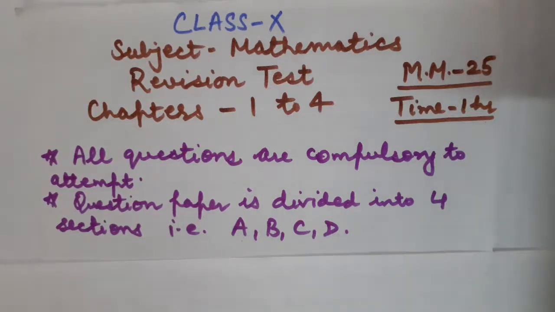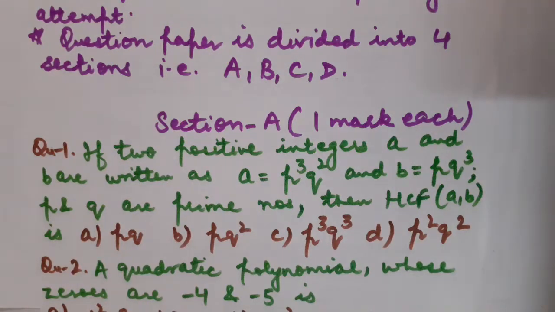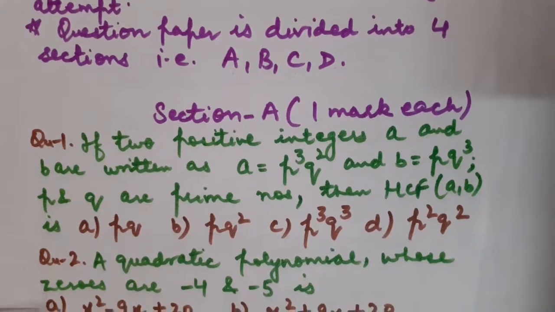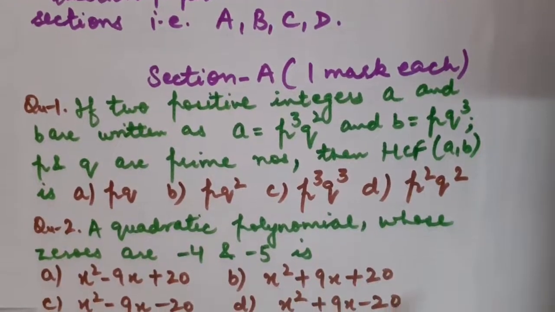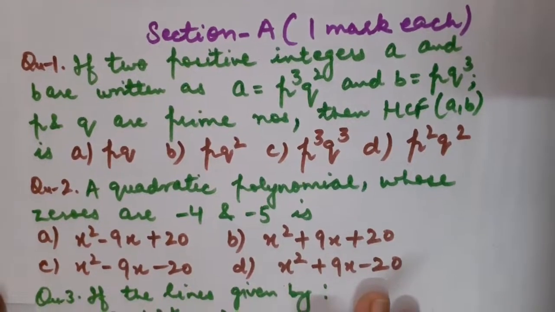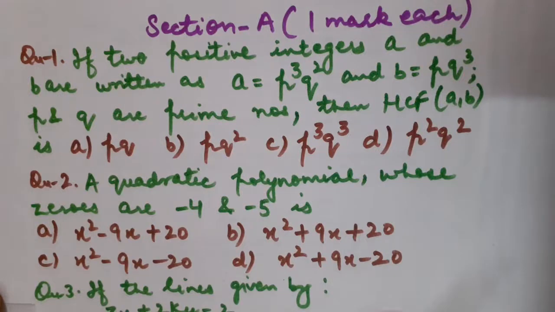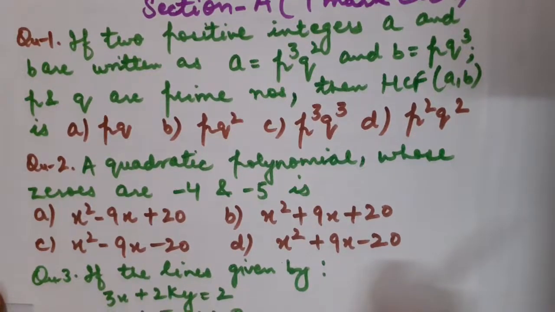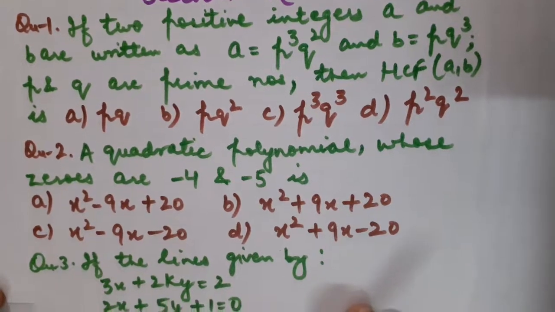Okay, children? So here is the question paper in front of you. First of all, section A, 1 mark each. There are total 5 MCQs in section A. Children, you are not supposed to write down only the option number. Along with the option, you will have to write down the answer also.